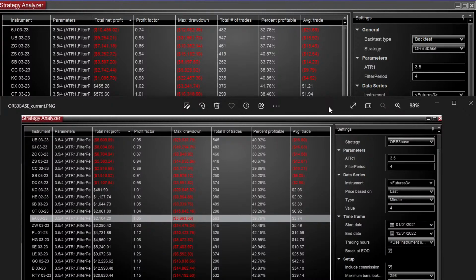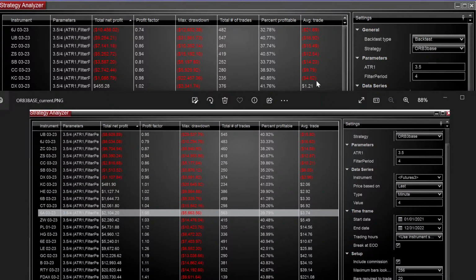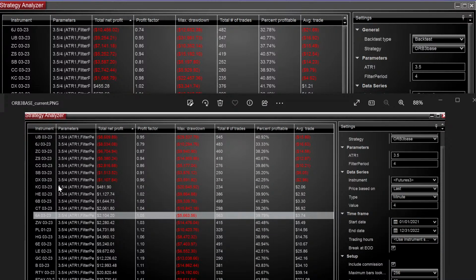So let's look at the losers real quick compared to the previous losers. So coffee. Before, coffee was profitable, now coffee is negative. But whereas before DX, the dollar futures, was negative, now we're positive.